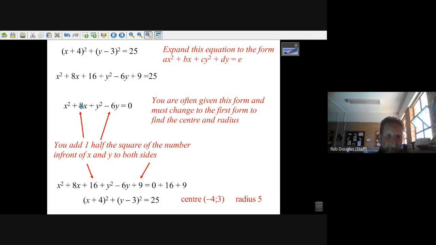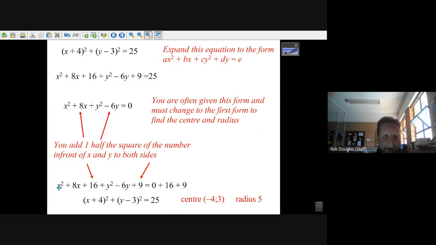So half of 8 is 4, and 4 times 4 is 16. You add that, and you'll be able to complete the square. Half of -6 is -3. Squared is 9. Well, whatever I do to one side, I do the same to the other. So 16 and 9 that I added is 25.